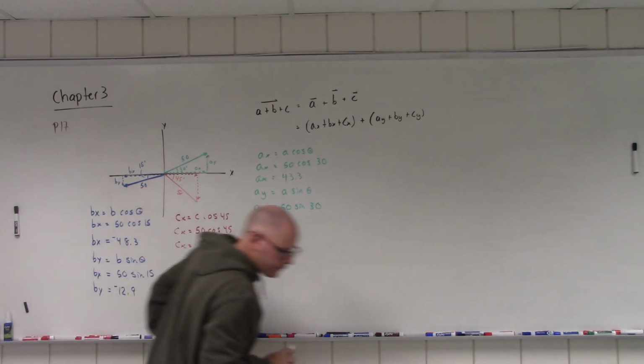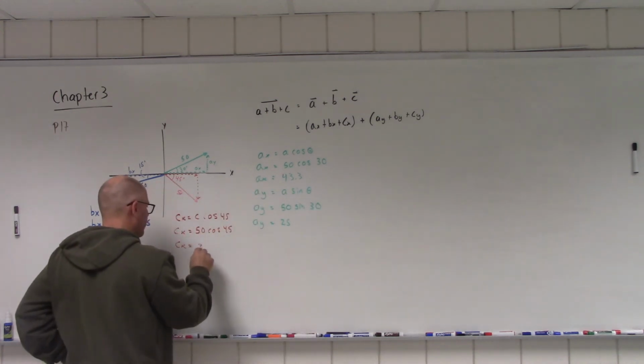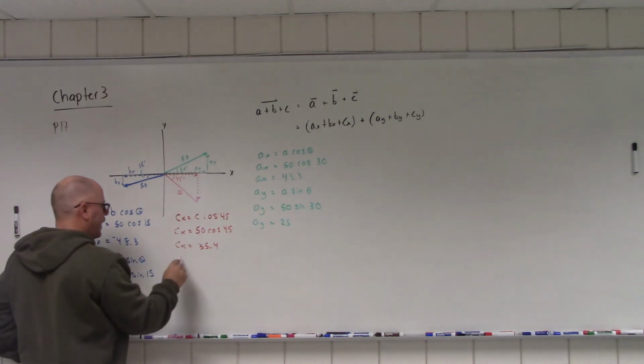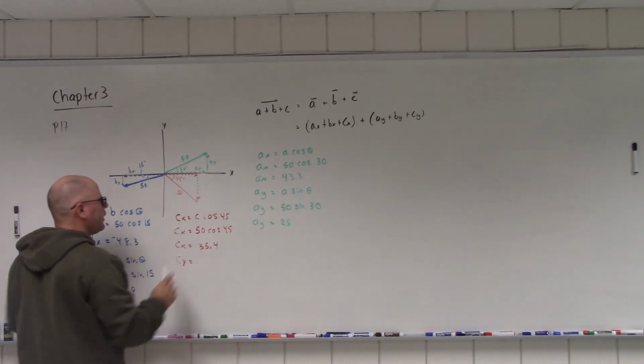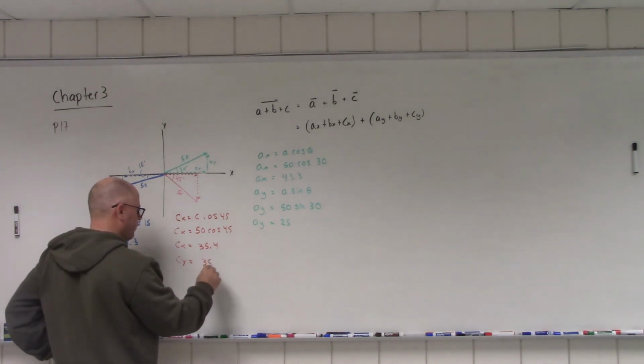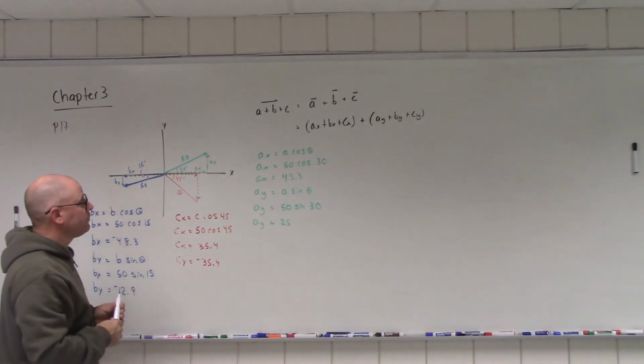That's going to be 35.4. Now, that's CX. Because it's a 45, 45, 90 triangle, I know that CY is the same thing. But notice CY points down, so we're going to make that one negative.